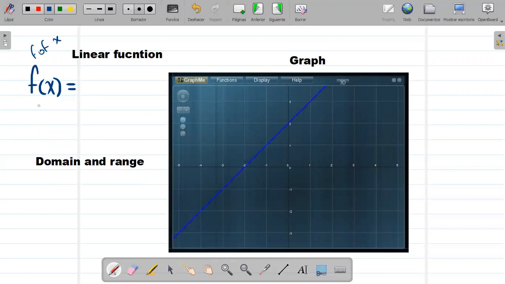Probably in some books you see it like y equals. The book we are using is like that. So the linear function we know is a simple one, it is just like that. So f of x equals x, or y equals x, it's the same. Okay, it's the same idea. We're going to get used to using this f of x, the one that we will use in the classes.